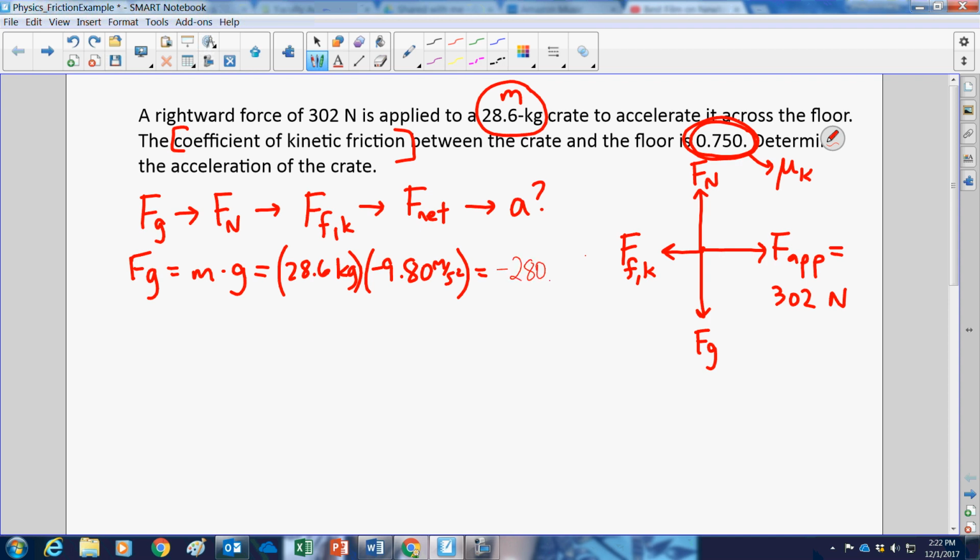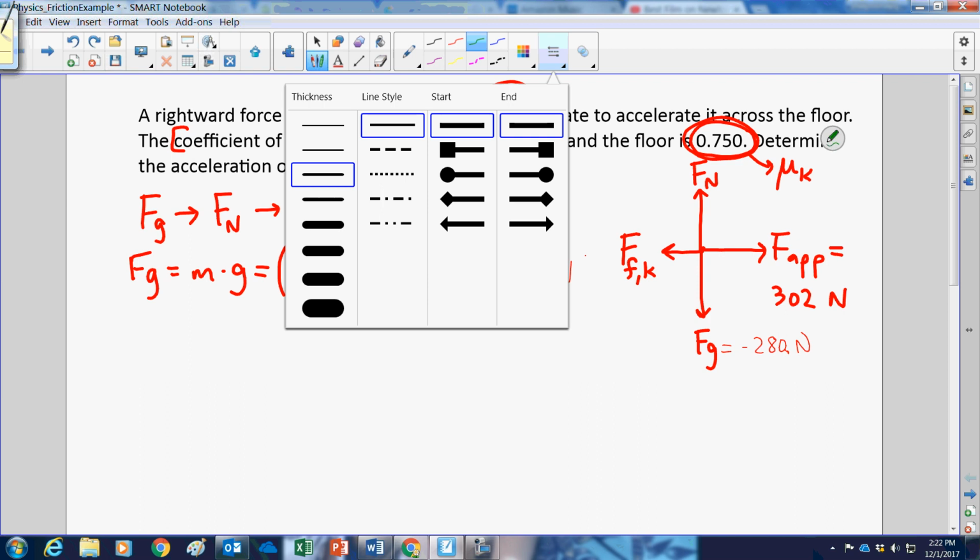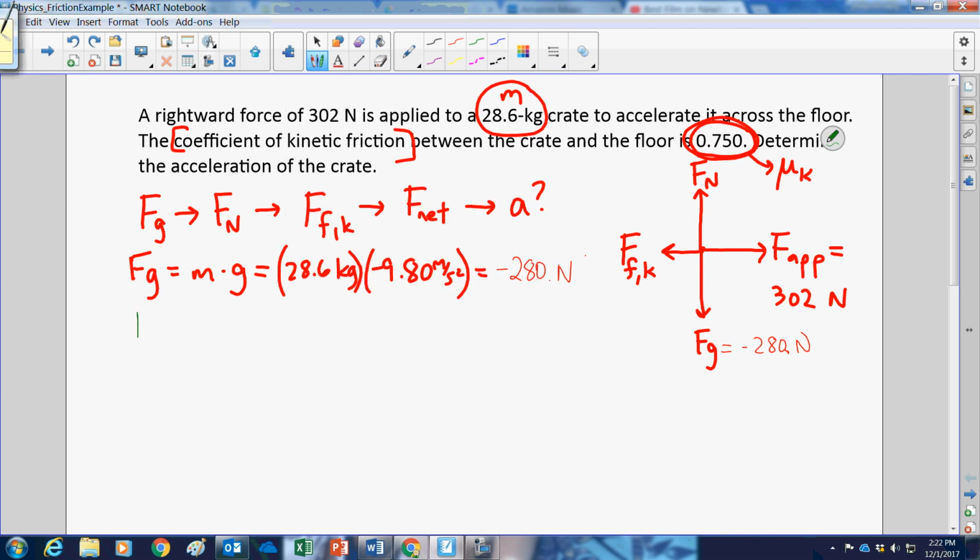Let's keep 3 sig figs. Okay, so that's down here. Which means then, since it's not accelerating upward, that the normal force would be just that number, only positive, same magnitude. Okay, so now I've got that and I've got that. I can add this here if I want to.